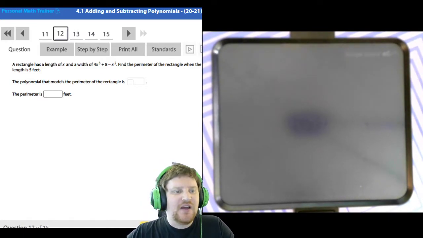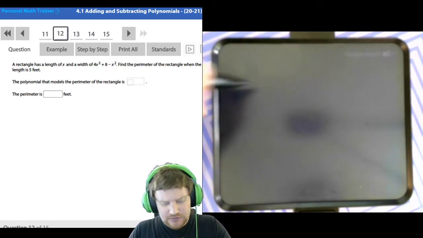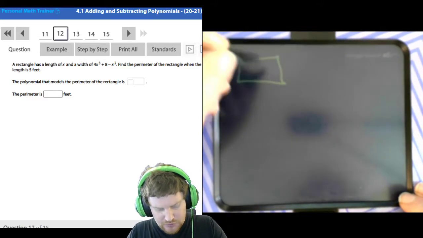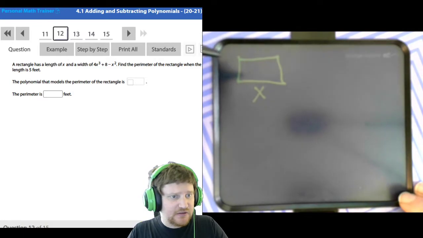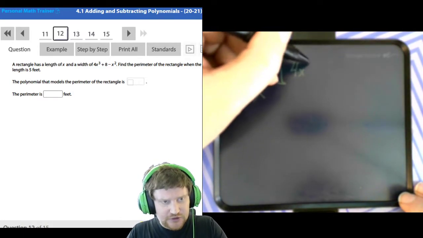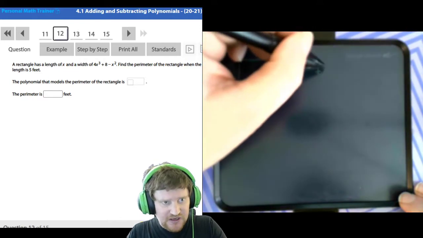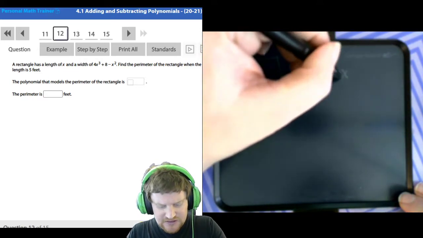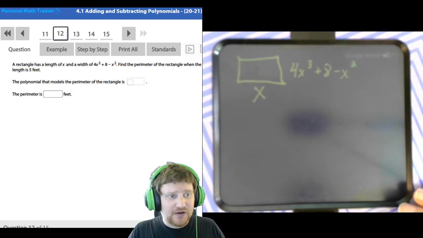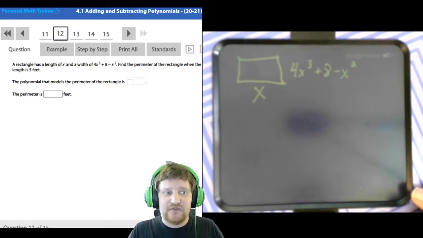So a rectangle has a length of x. So let's draw ourselves a rectangle. Length of x and a width of 4x cubed plus 8 minus x squared. Find the perimeter of the rectangle when the length is 5 feet.